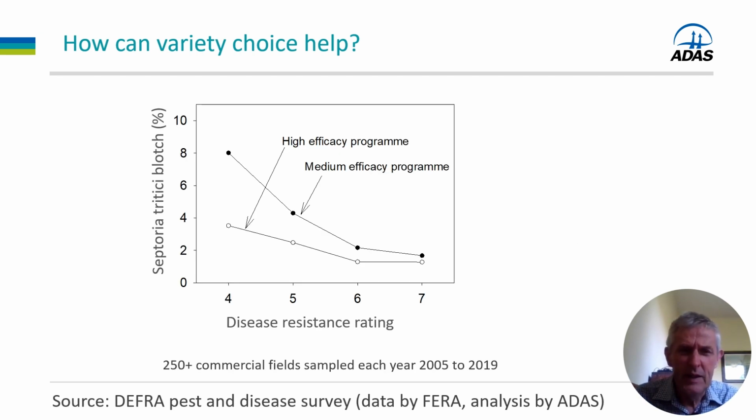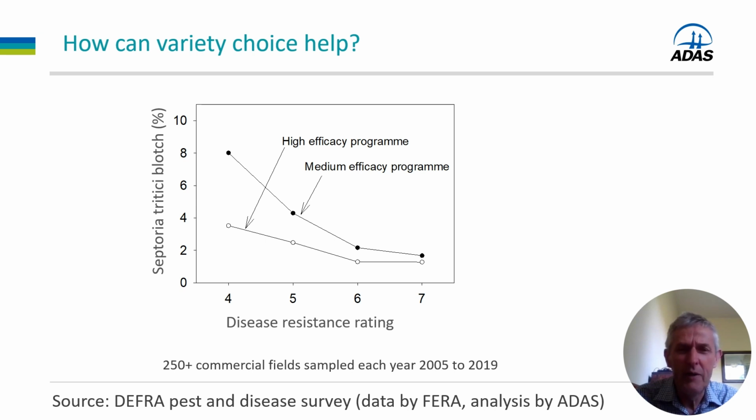And that's reflected if we look a bit further into the level of disease control that can be obtained with different types of fungicide program. So this is data from 2005 to 2019, so several thousand wheat fields represented here. And we've split the data down into fields which received what we're terming a high efficacy fungicide program, as opposed to what we're terming a medium efficacy program.